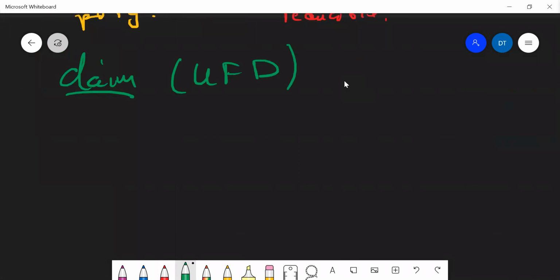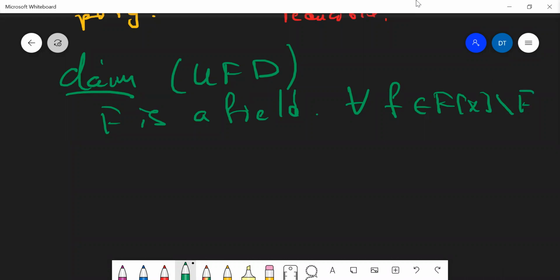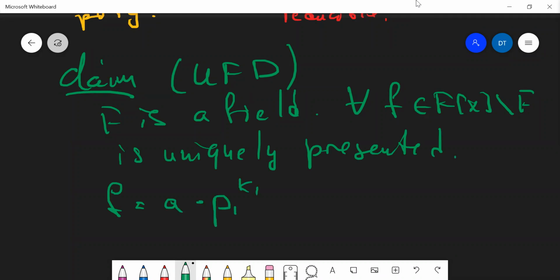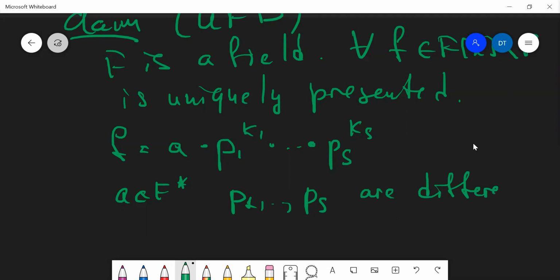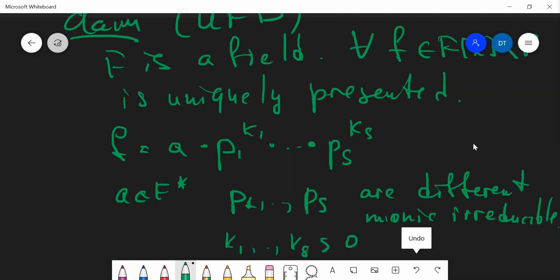The UFD claim says that if F is a field, then every non-constant polynomial is uniquely presented in the following form: f is equal to a times p1 to the k1 times etc., times ps to the ks, where a is a non-zero constant, p1, ..., ps are different monic irreducible polynomials, and k1, ..., ks are positive integers.